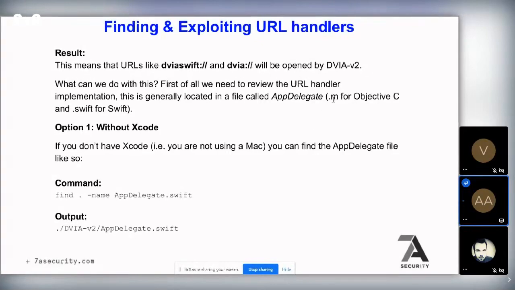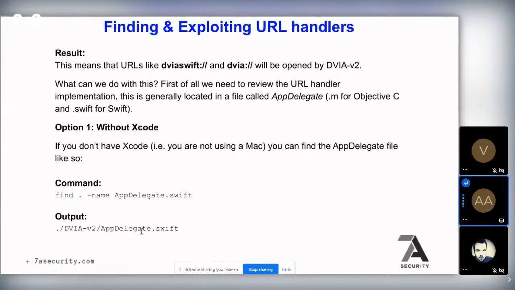The .m is the extension for Objective-C files, and .swift is the extension for Swift files, which is the modern way to write iOS applications, right? But in both cases, it's the app delegate that you're looking for. So you find -name appdelegate.swift, and that will point you to where that file is.